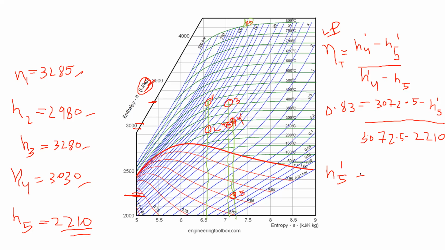H5 dash is equal to, just wait, I'm calculating. That is equal to 2356.6.